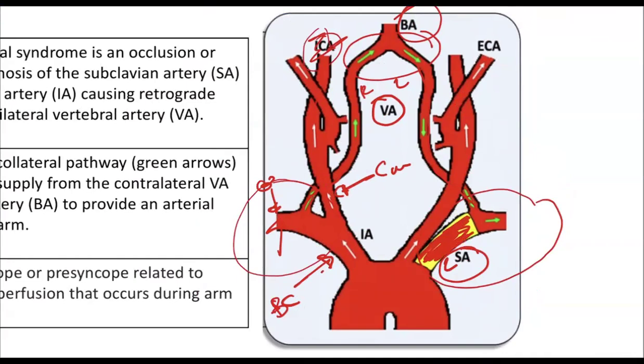So what will happen? The blood from the right-sided subclavian artery enters into the vertebral artery, then again enters into the left vertebral artery and will supply the left subclavian artery. That's why the left upper limb blood supply is actually from the right subclavian artery through the right vertebral artery, entering into the left vertebral artery, entering into the left subclavian artery.